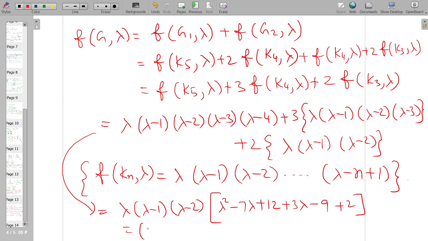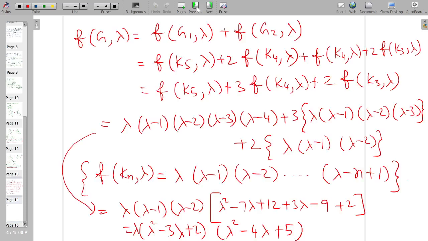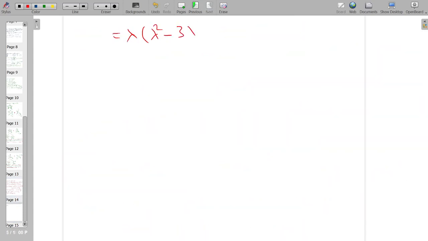So this gives you lambda into lambda squared minus 3 lambda plus 2, and this would be lambda squared minus 4 lambda plus 14 minus 9 would become 5. So this would be lambda into lambda squared minus 3 lambda plus 2 into lambda squared minus 4 lambda plus 5.